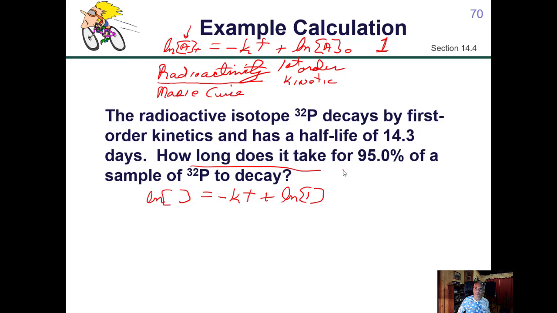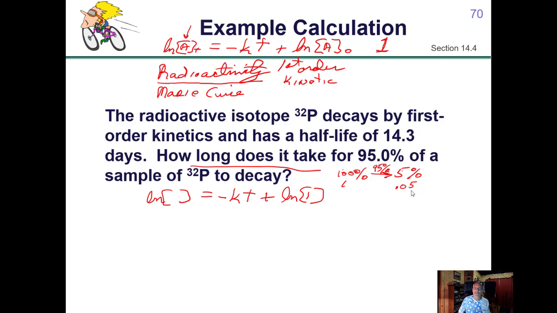If I start with 100%, and 95% goes away, that leaves me with 5%. And 5% of the original 1 is really just 0.05, because if I added 95% of 1, that would be 0.95, right?